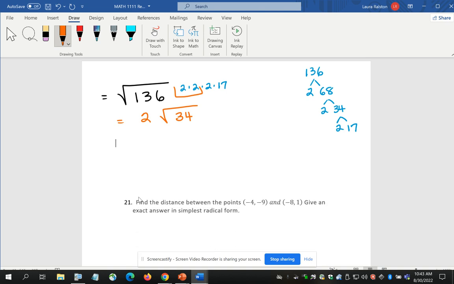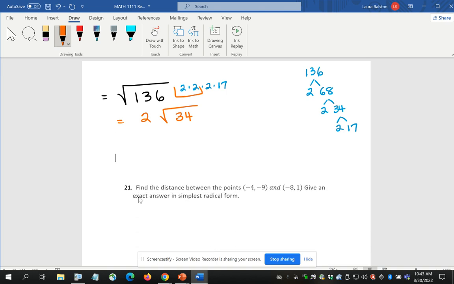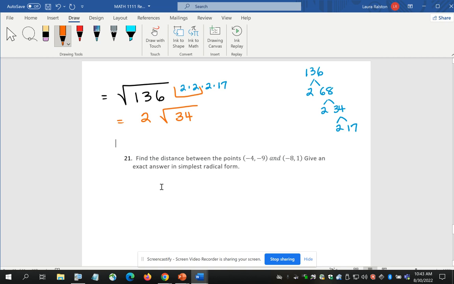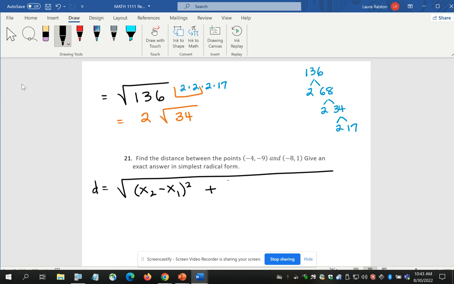All right, next one. Again, it asks you to find the distance between 2 points. Again, it's a straight, flat out plug and chug. The distance formula is the square root of x2 minus x1 squared plus y2 minus y1 squared.